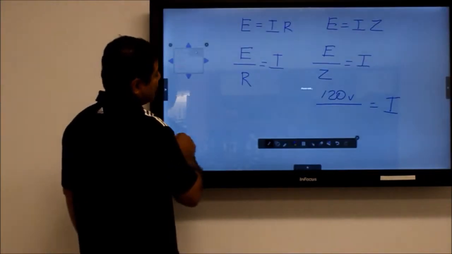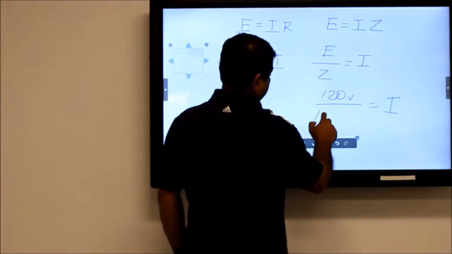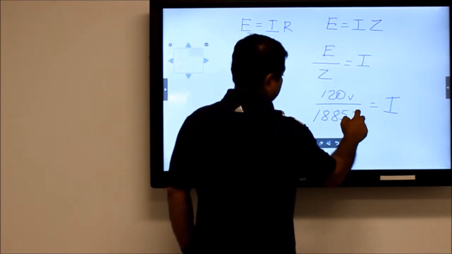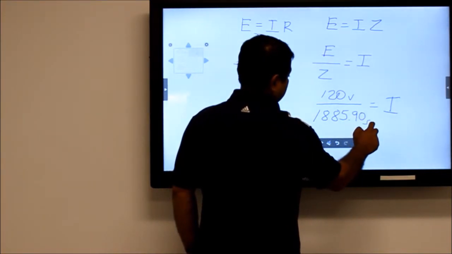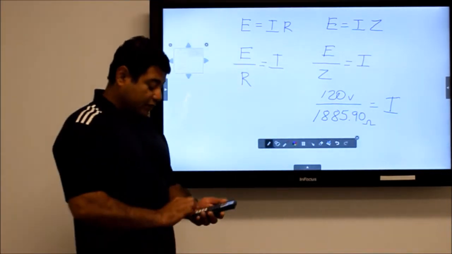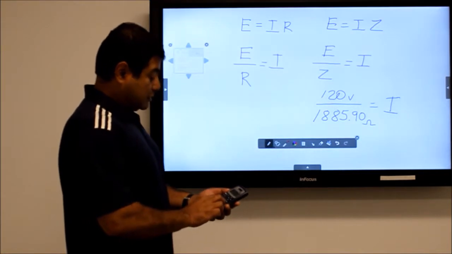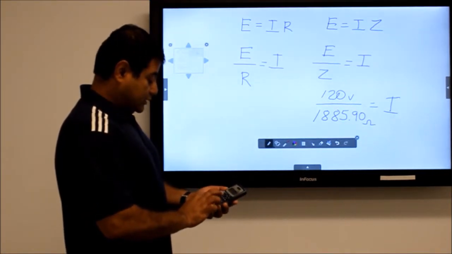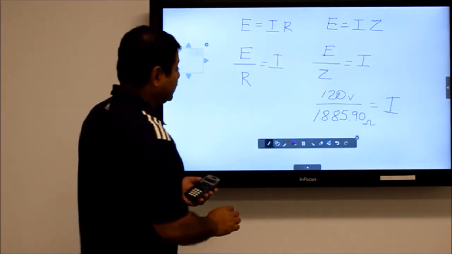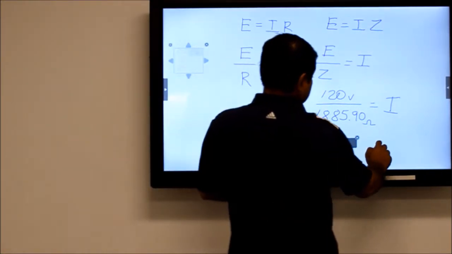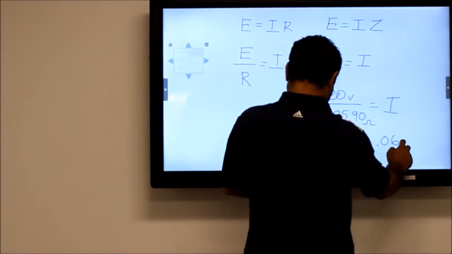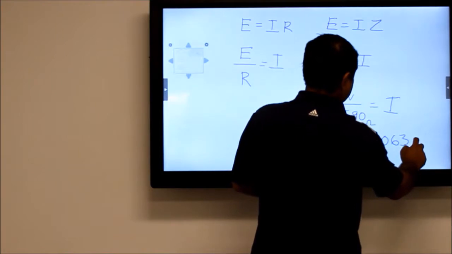So I'm going to substitute that. And as you can see, it's a very simple division. So let's get our handy dandy calculator. And 1885.90. And I get a current of 0.063 amps.